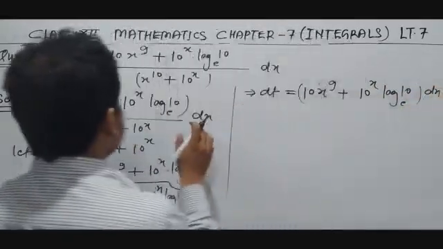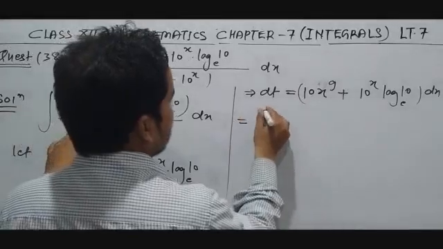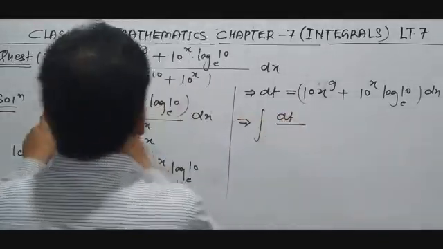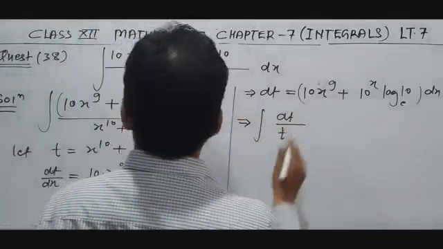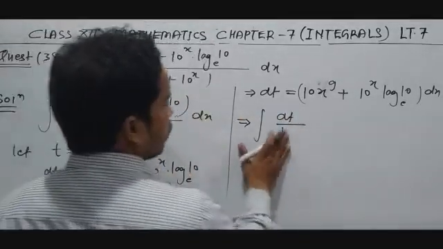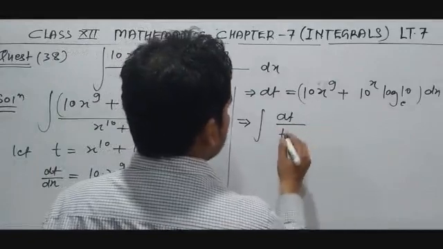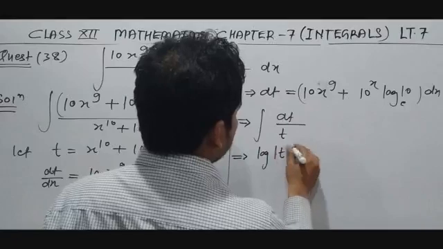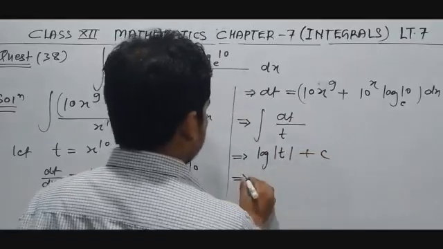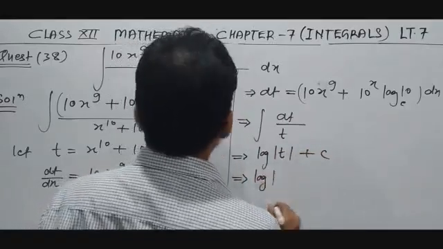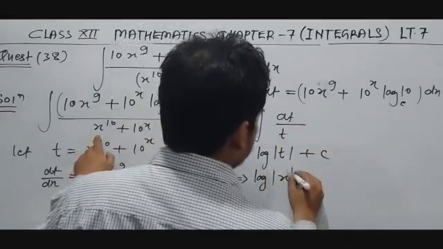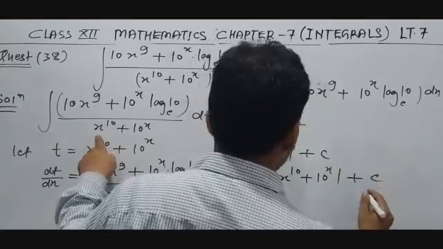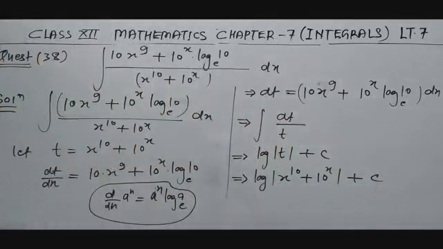So the integration can convert: the numerator will be dt and the whole denominator is t, which I have considered. So integral of 1 by t dt is log of mod t, plus c, and log of mod t is x to the power 10 plus 10 to the power x plus c. So this is the answer.